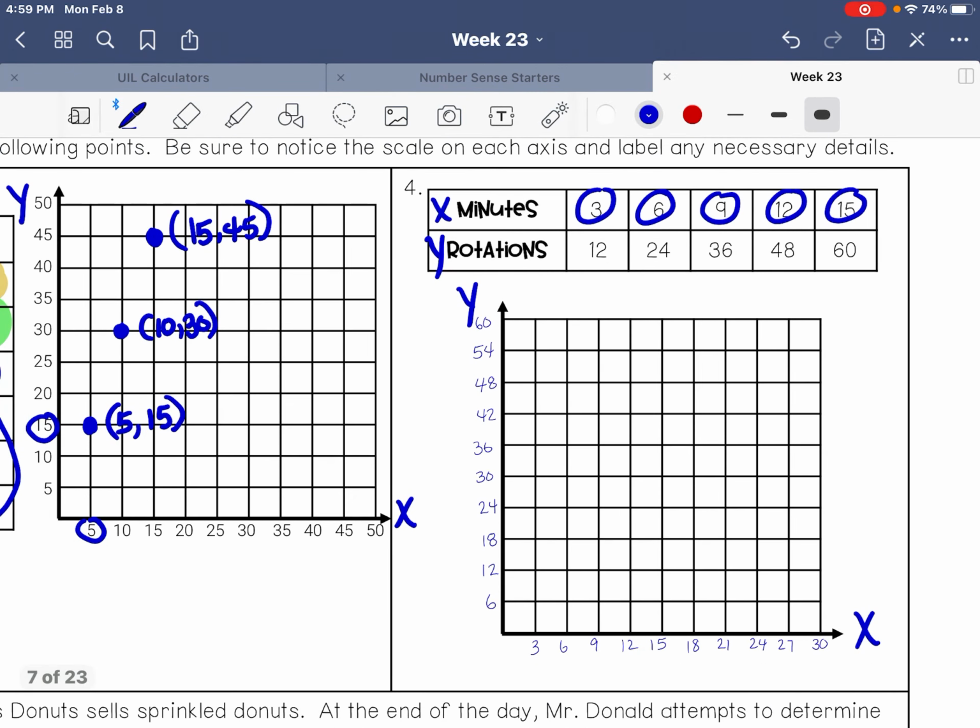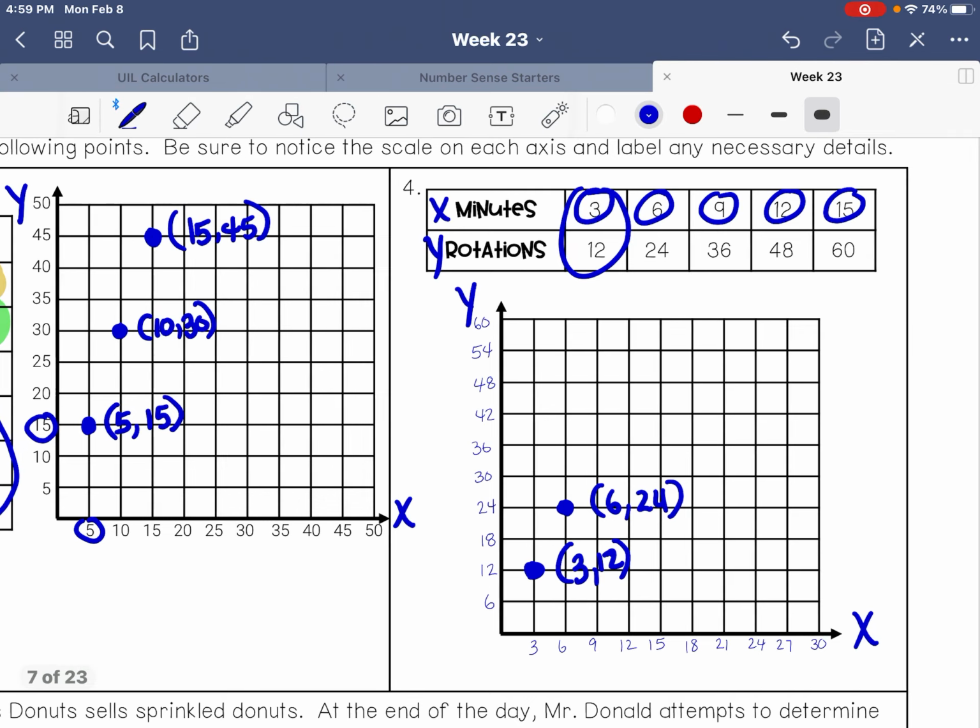So I'll put the first numbers on here. X is 3 and Y is 12. That'll go right here. 3, 12. Okay, the next value, 6 and 24. We'll go right here and I'll label that 6 and 24.